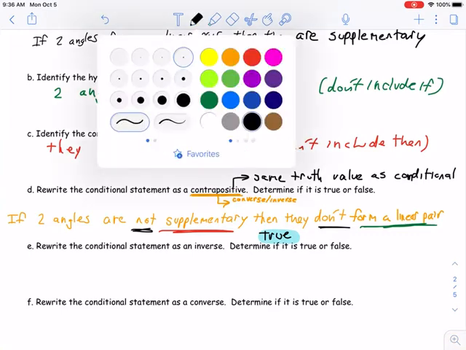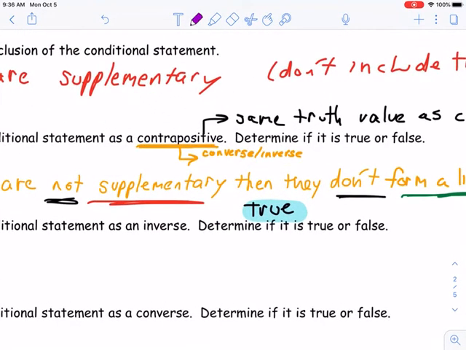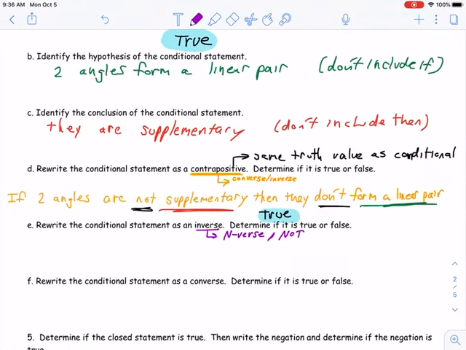Next, we got the good old inverse. I like to say inverse not. Inverse not. So same order.